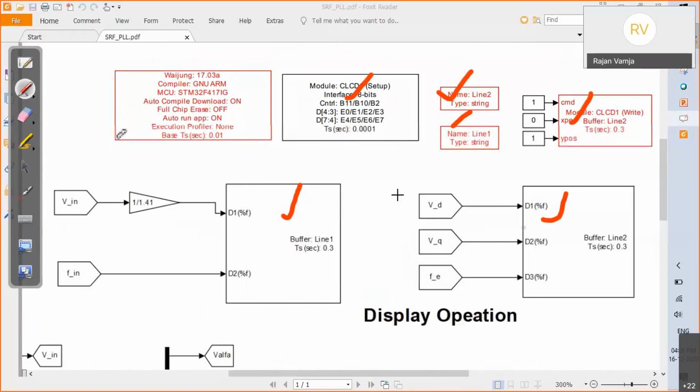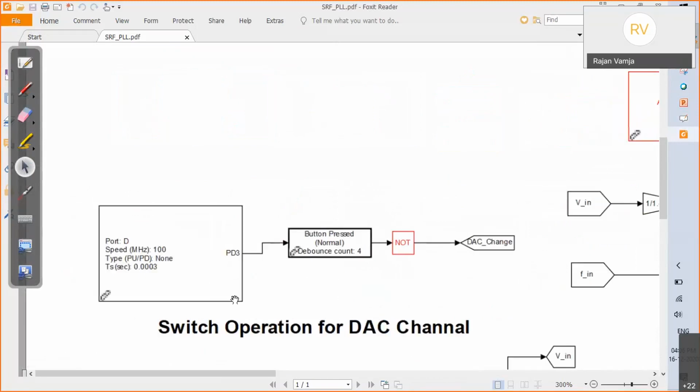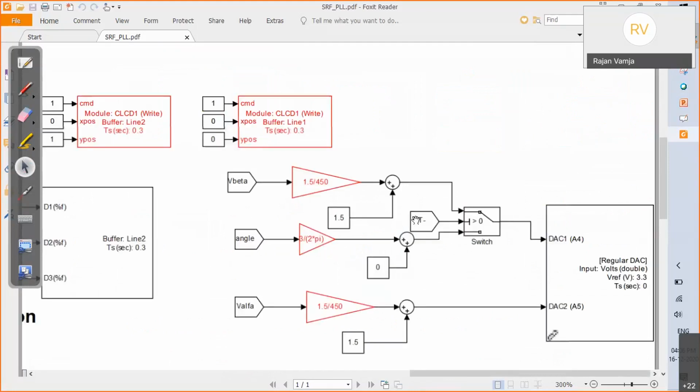This is the remaining part. So we use switch PLC here.